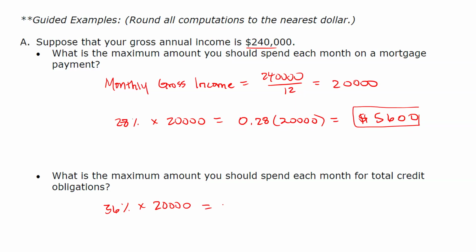That would be 0.36 of $20,000. If we plug that in our calculator, that's 7,200. So our mortgage payment should not exceed 5,600, and our total credit obligation should not exceed 7,200.